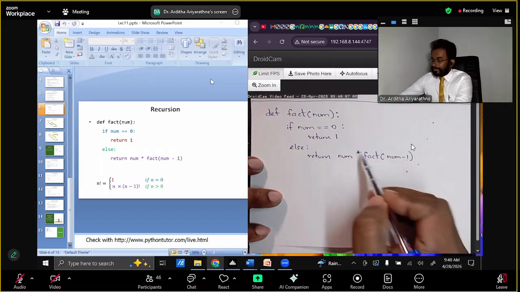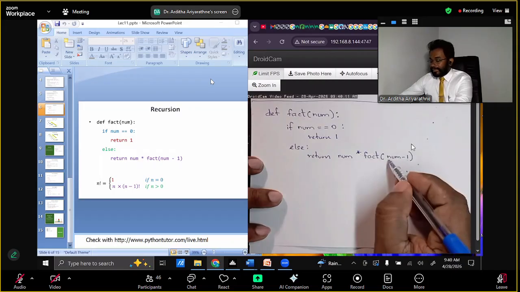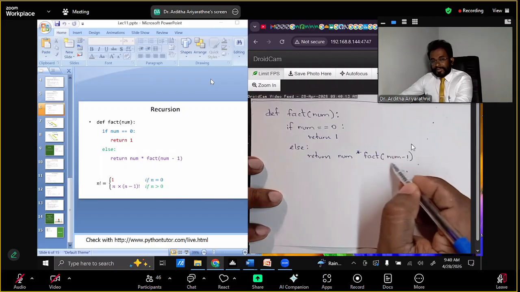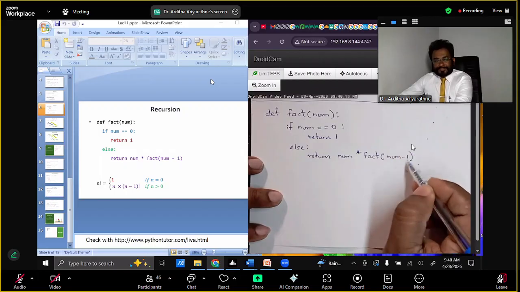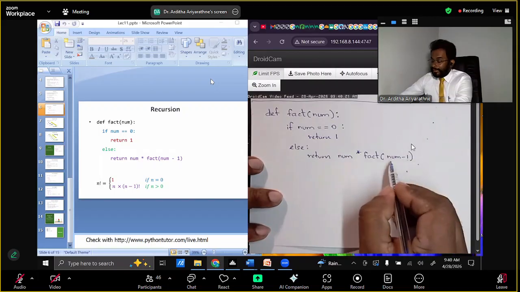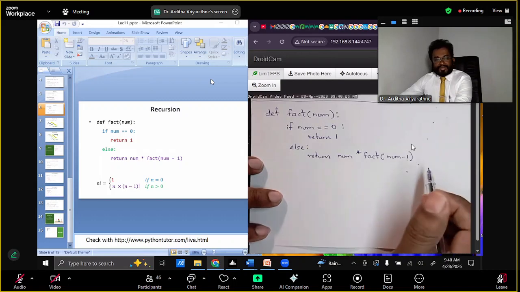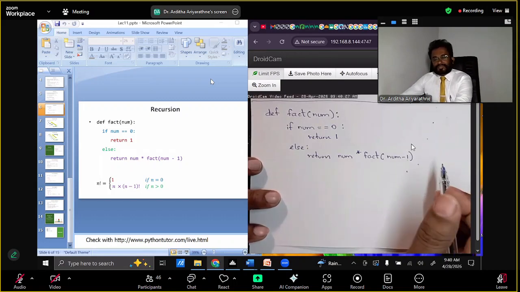Here, num multiplied by fact, the same function we are calling, but as I told you before, the parameter is different. The parameter is much simpler than the previous one. Here, num minus 1. Num minus 1. Now let's see.